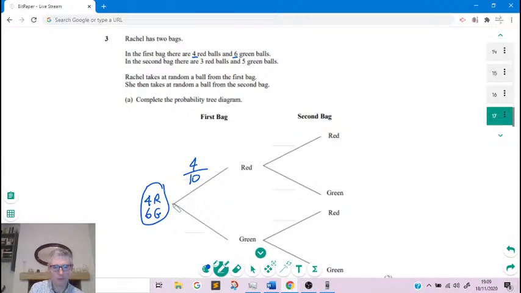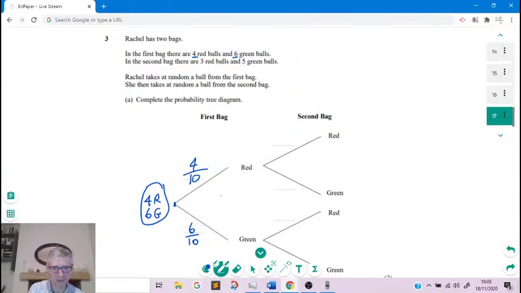And the probability of going down the green route is given by the number of green counters, so this time it's 6 out of 10. And we notice that the branches must add up to make 1: 4 tenths plus 6 tenths makes 10 tenths, which is 1.